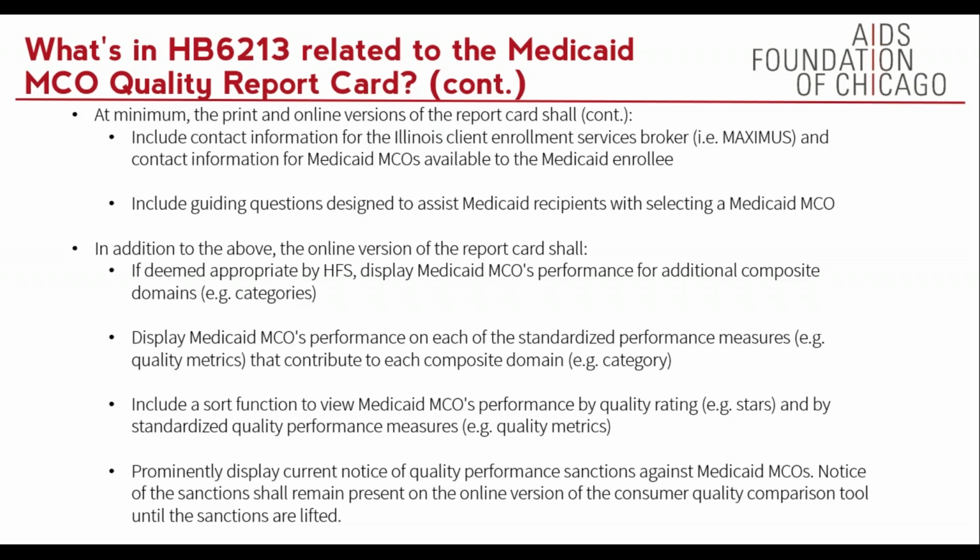So we know that Medicaid MCOs come under sanctions for lots of different reasons at various points in the year. And that's HFS's job to determine that and work that out with the MCOs. What this law said is that if the MCO is under sanctions for something related to their quality performance, that information should be somehow reflected on the online version of the report card.